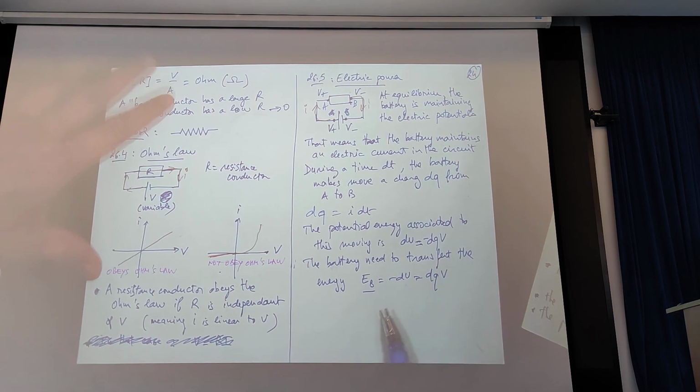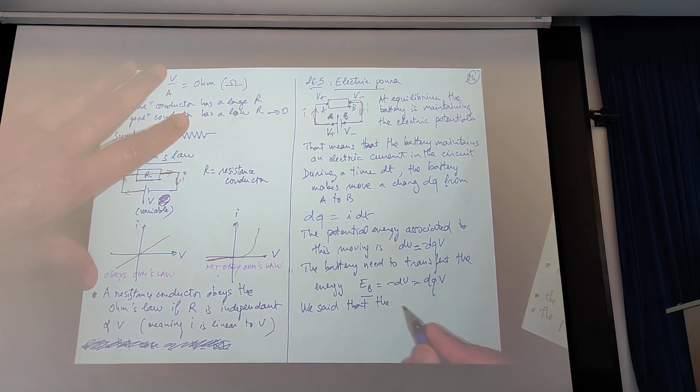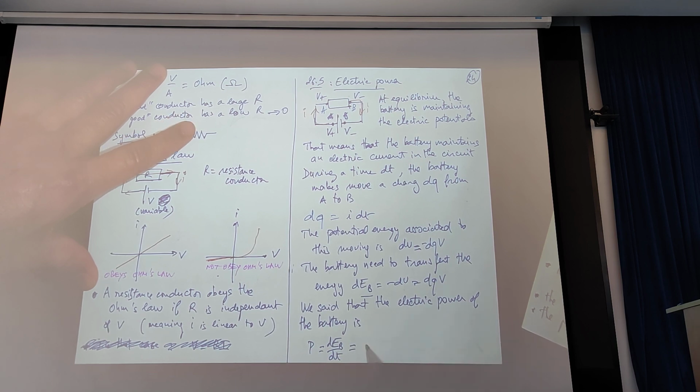And this is energy. And because it does it during a certain time, we say that the power, electric power of the battery is P equal, oh yes, this is P, dq V over dt.